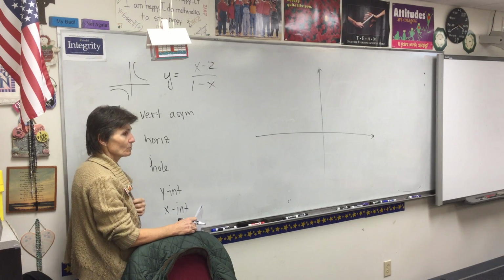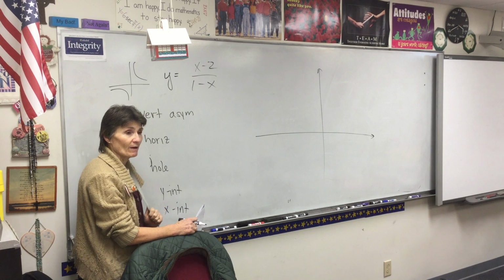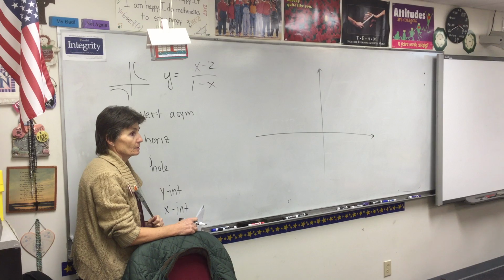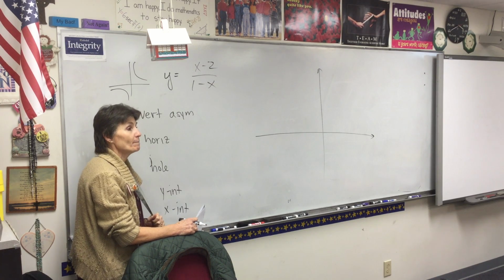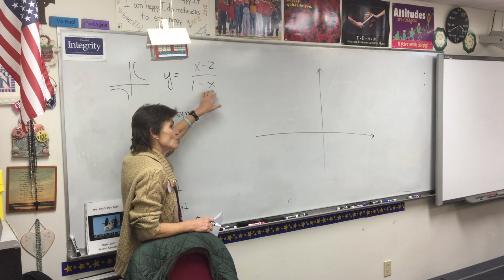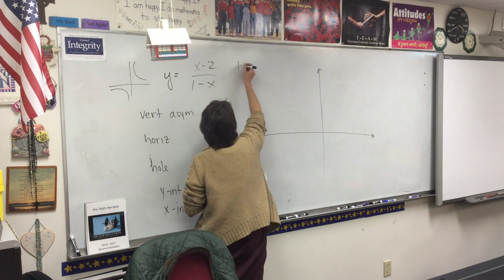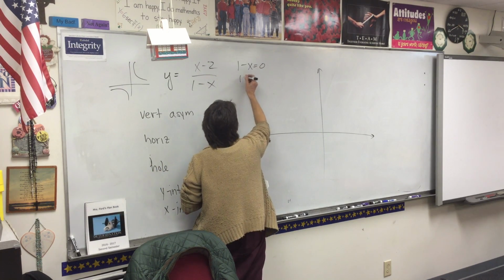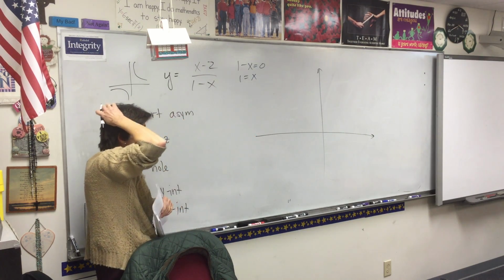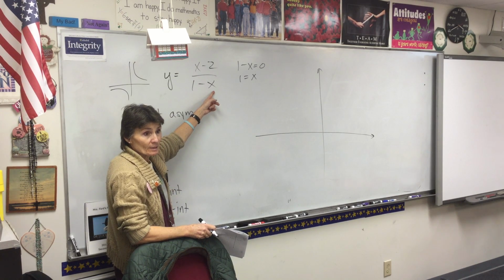All right, who remembers from the one we did Friday how we find vertical asymptotes? What makes the denominator 0? So you simply look up here, and usually you can tell just by looking, but if you wanted to, you can set it equal to 0 and solve it. But usually you can look at it and see, well, if I put a 1 in there, I get a 0, right?